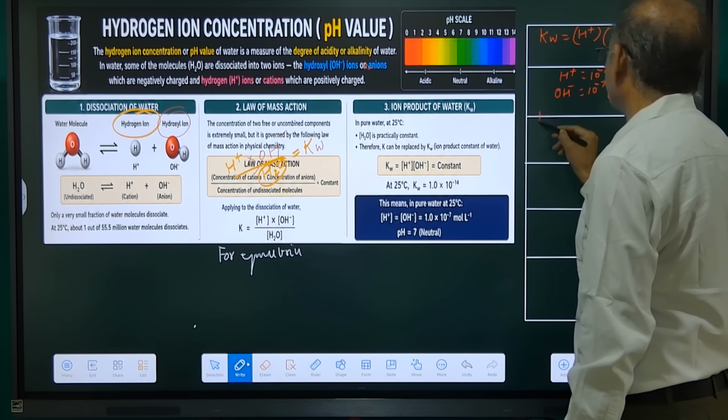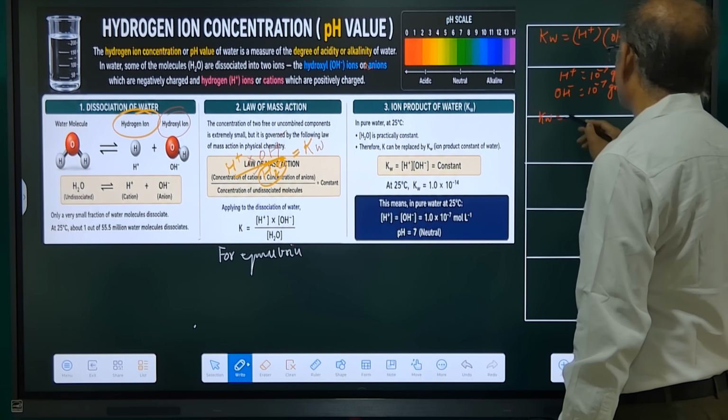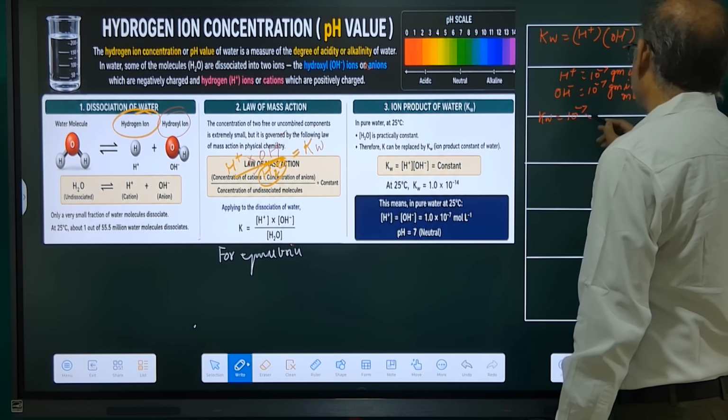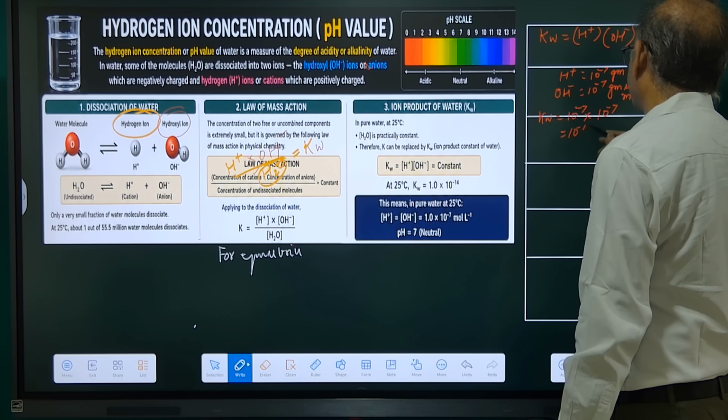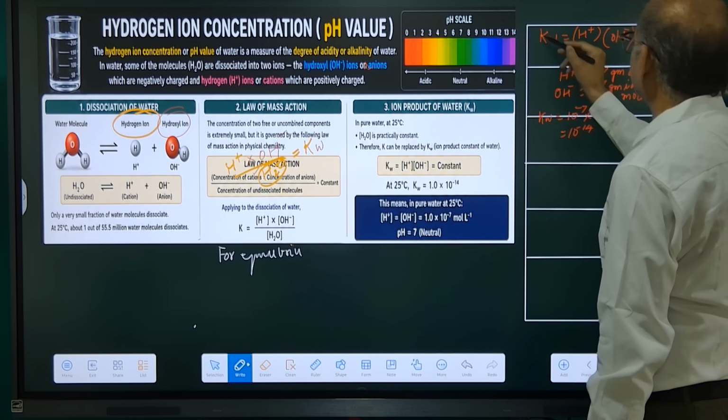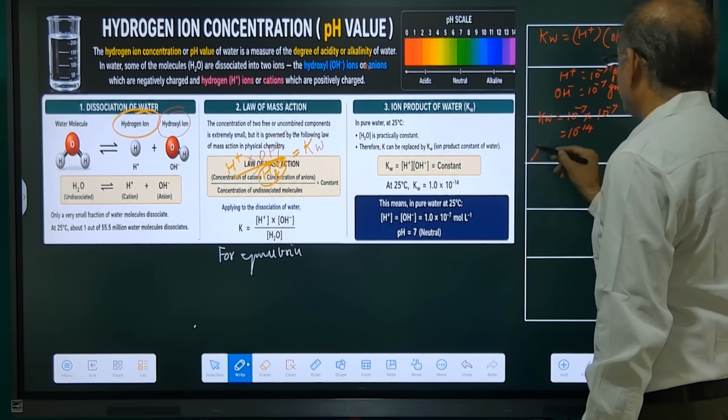Hence Kw will be 10 to the power minus 7 into 10 to the power minus 7, that is 10 to the power minus 14.